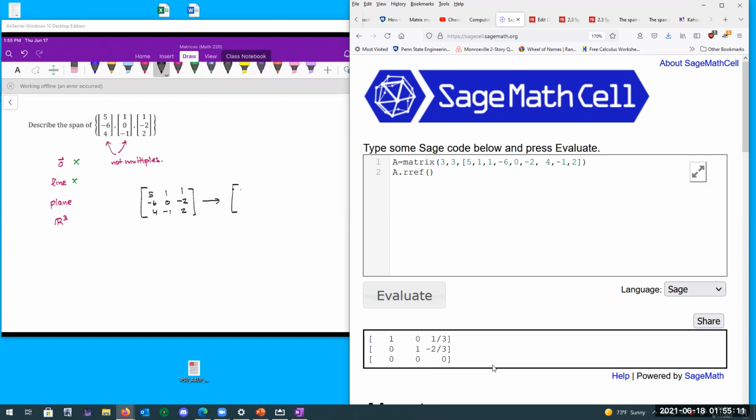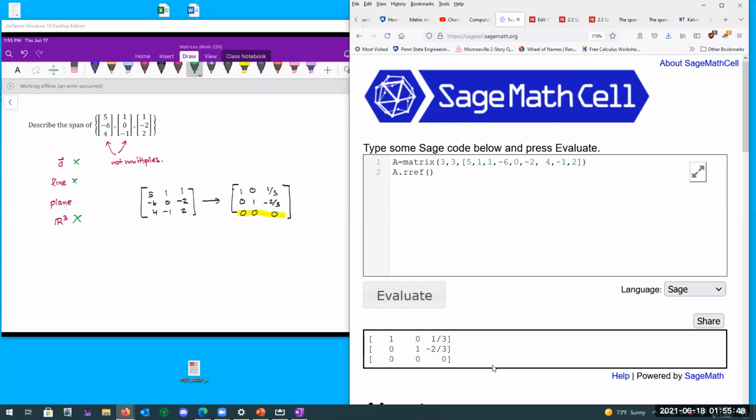This reduces down to this matrix. And so there are going to be some vectors, if we augment with them, that will have an inconsistent solution. Because we see there's a row that has all zeros in it, we're not going to have the span that's all of R3. So instead, it's going to be a plane.